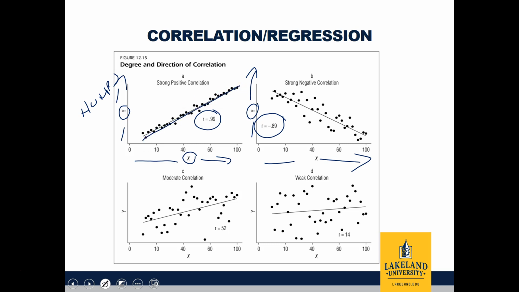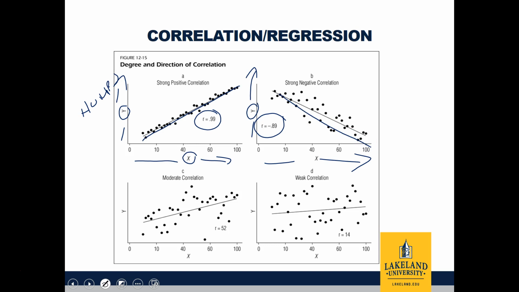So if there's a strong linear correlation, it means that as one goes up, the other one goes up, basically, for the most part, in direct response to the other one. And if we've got a strong linear correlation the other way, obviously the opposite happens.